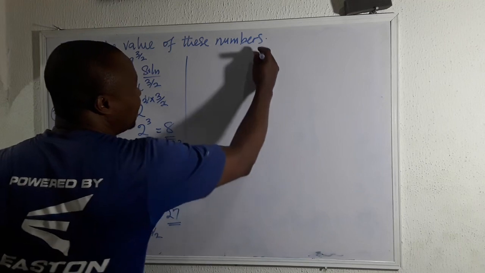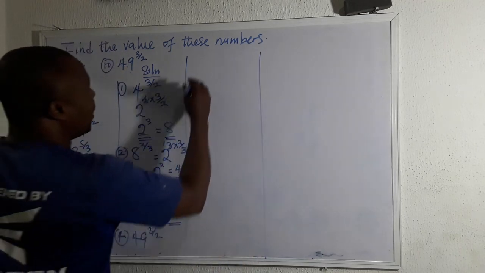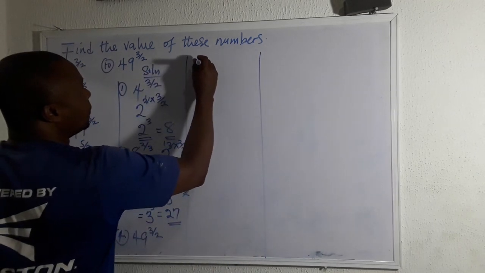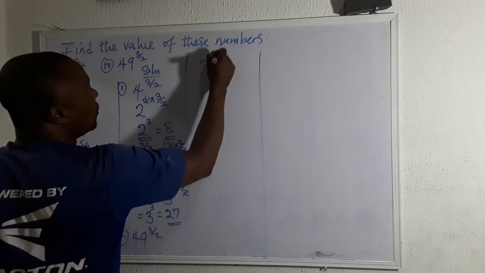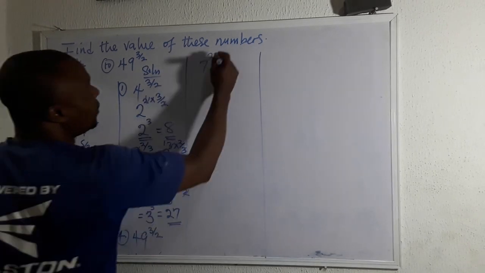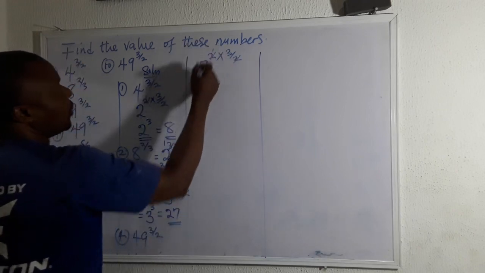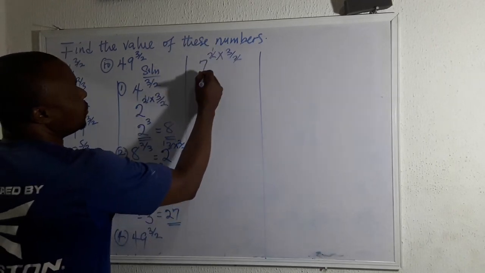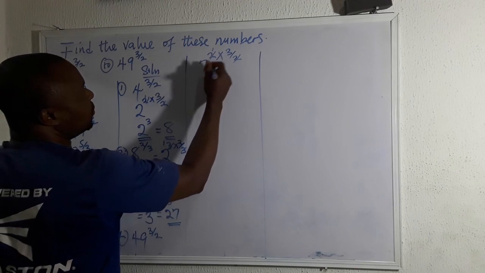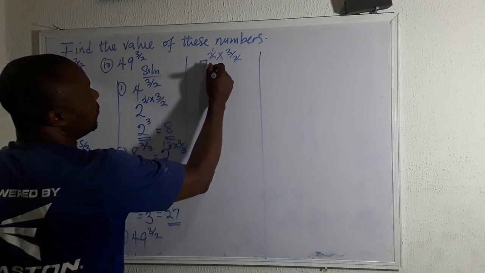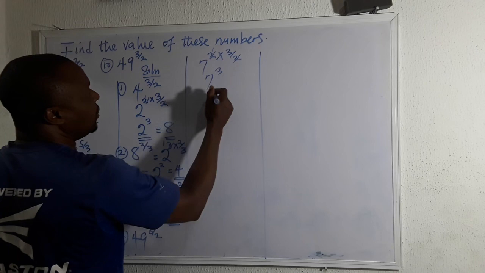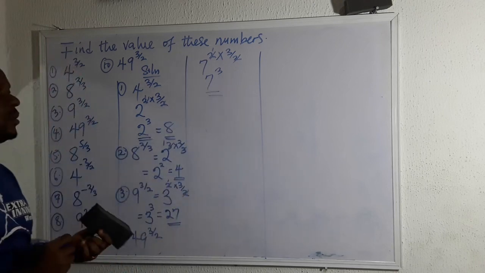So we write that as 7 raised to power 2 times 3 over 2. So this 2 into 2 is 1, and 1 times 3 is 3. So this boils down to 7 raised to power 3. The same thing, we leave it at that.